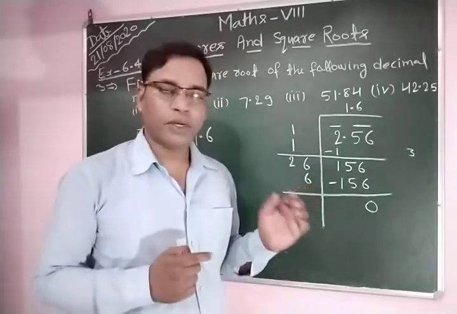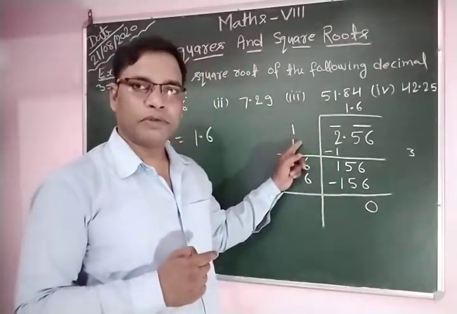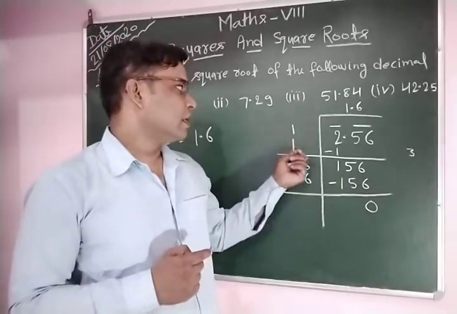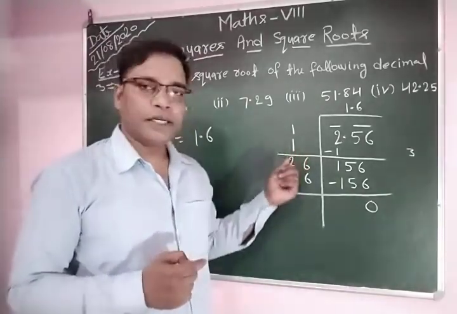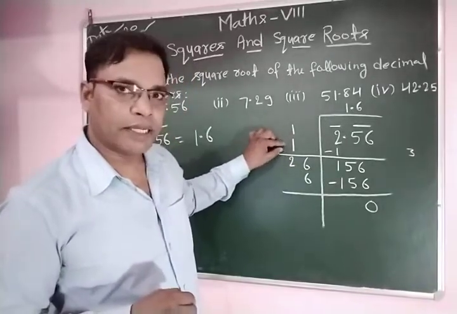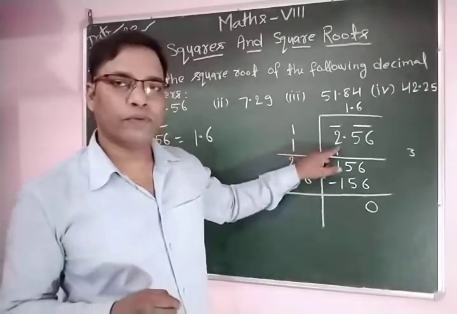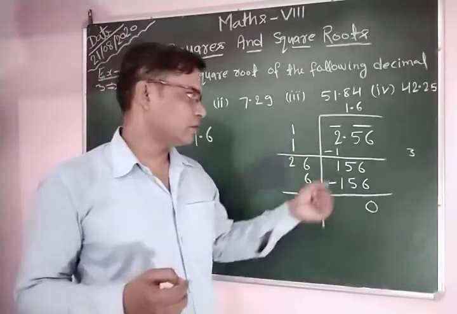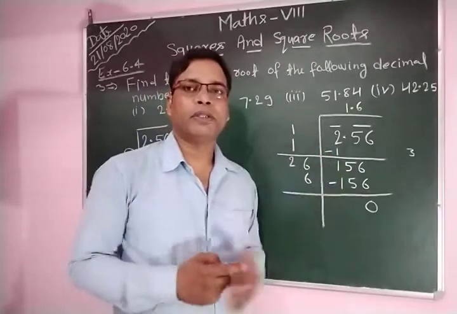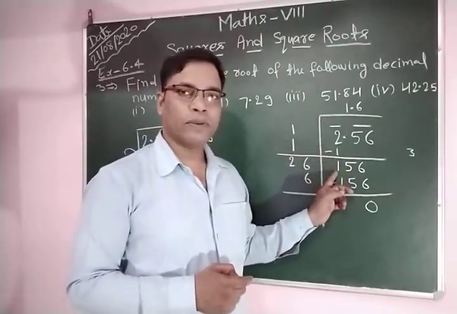So we write 1 in the place of the quotient and in the place of the divisor. Again we write 1 below this divisor and multiply this one by this one, and we obtain 1 into 1 is equal to 1. You can see the square of 1 is 1, and after this we subtract it from 2. So 2 minus 1 is equal to 1.